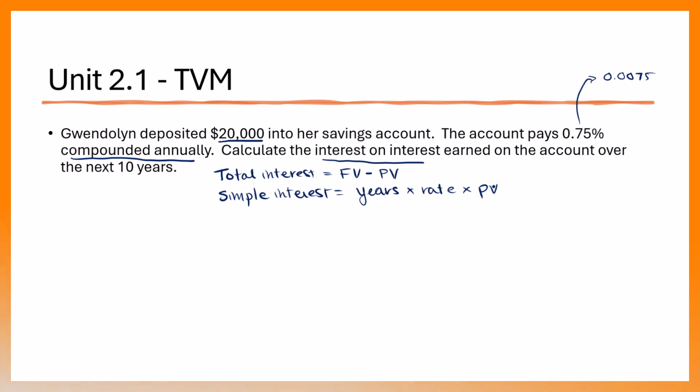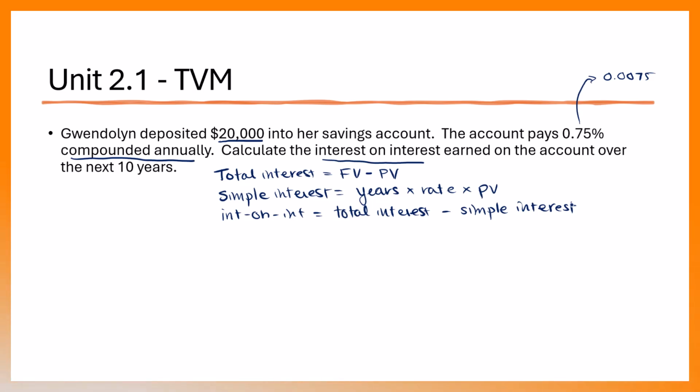Lastly, to find the answer to this question, the interest earned on the interest, we will take the total interest minus the simple interest. That should be reflective of the total interest earned on interest.